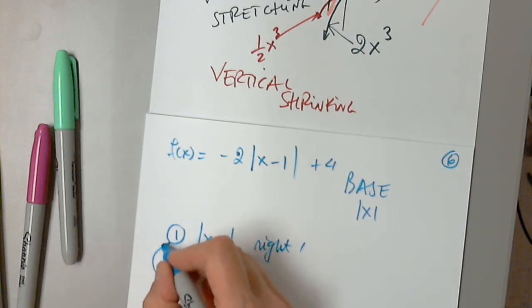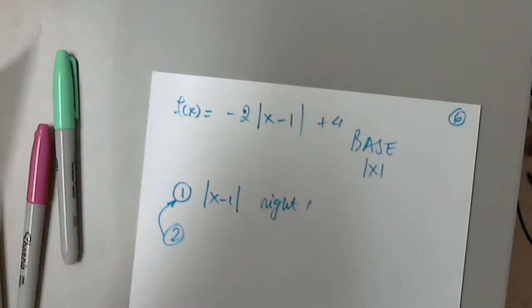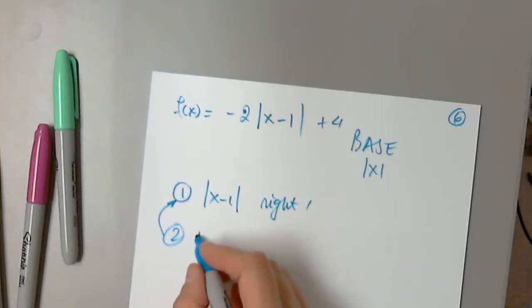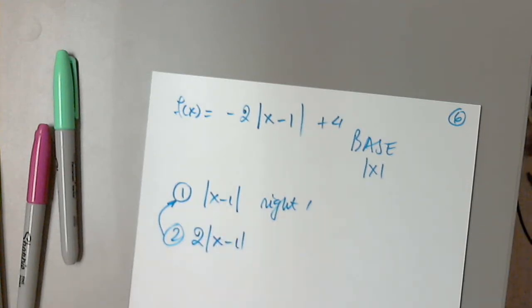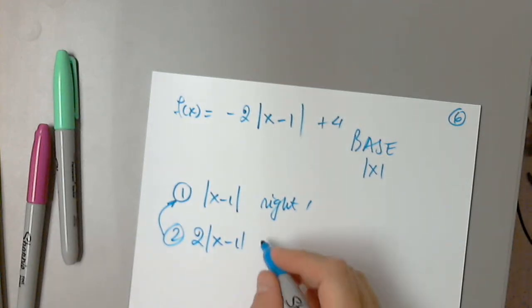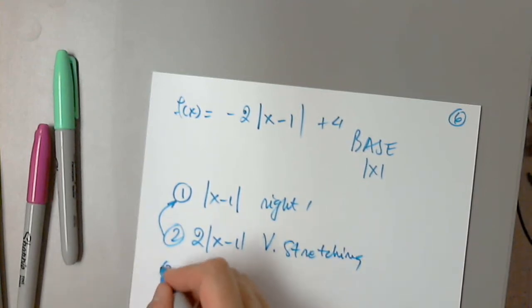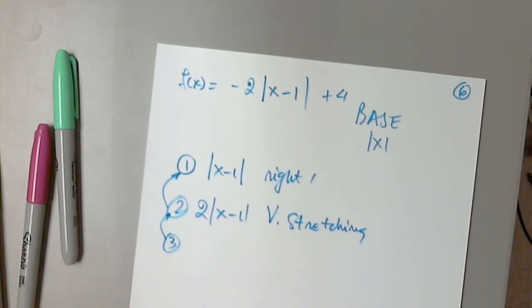Second transformation, remember, is a transformation on function from 1. Yes, 2 times x minus 1. Is it a transformation on x or on y? Yes, which is stretching by a factor of 2. Very good. So, vertical stretching. Number 3 is a transformation on number 2.